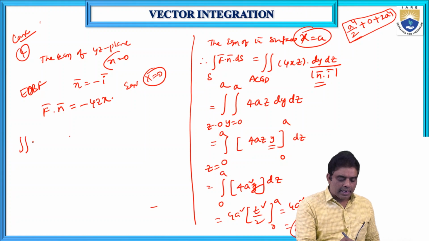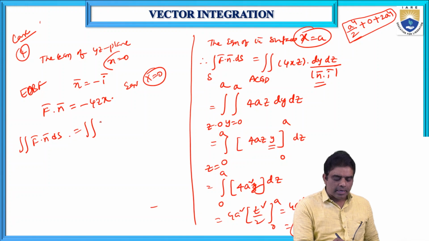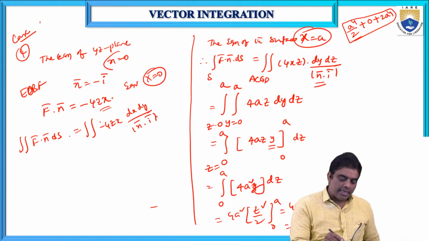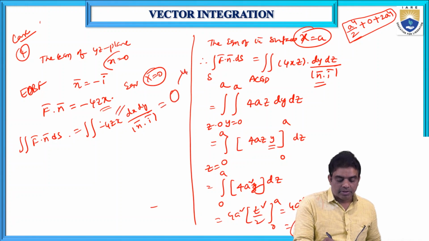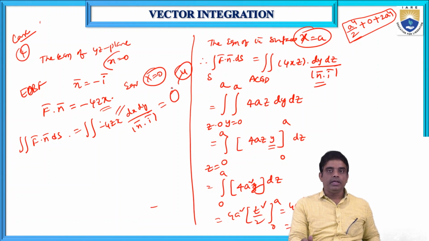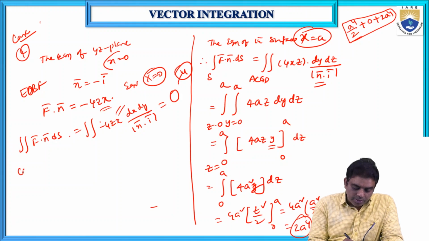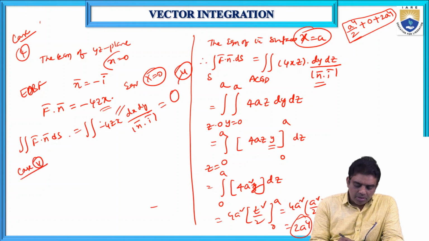Now the double integral of f bar dot n bar ds is equal to the double integral of minus 4zx times dx dy by magnitude of n bar dot i bar. But here we substitute x is equal to 0, so the entire integral will be 0. This is equation number 4. So we reached 4 equations for case 1, case 2, case 3 and case 4. Now I am going to see case 5. What is case 5?